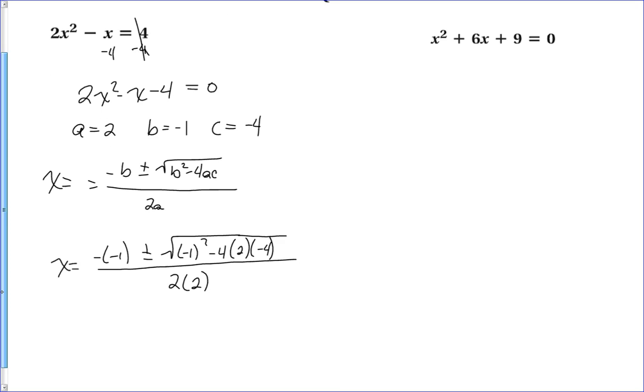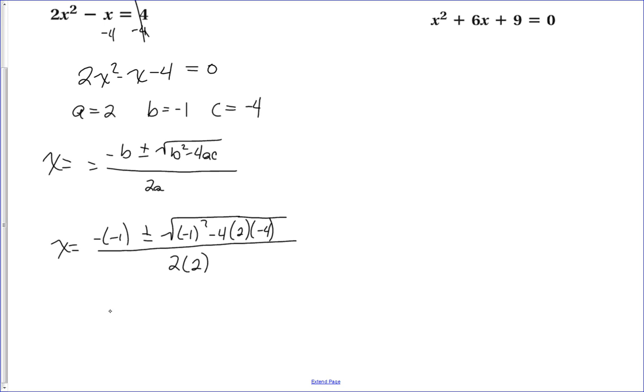Now let's simplify some of this down. This here goes to 1 plus or minus the square root of 1 squared minus 4 times 2, which is 8, times negative 4, which is 32. And since it's negative and negative, it's a positive 32, all divided by 4.